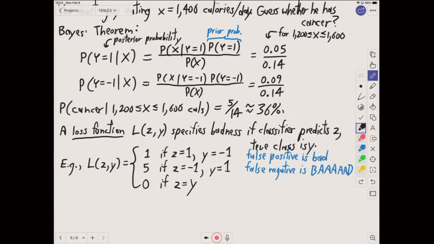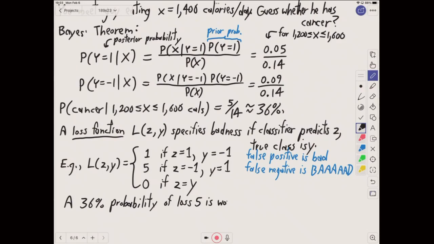All right, so if we take this loss function and apply it to the cancer screening, well, what we're trading off is, if we guess that there's no cancer, there's only a 36% chance that we're wrong, but if we're wrong, then we're going to incur a loss of 5.